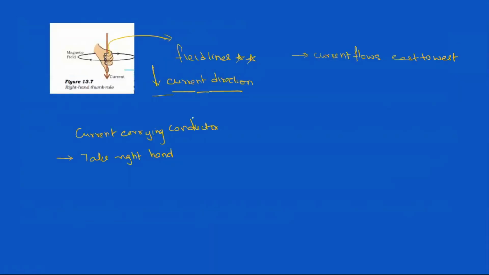Applying the right hand thumb rule, we get the magnetic field at any point below or above the wire turns clockwise in a plane perpendicular to the wire when viewed from the east end, and anti-clockwise when viewed from the west end.